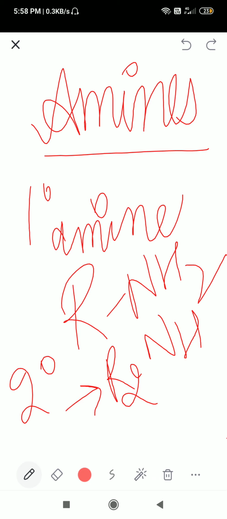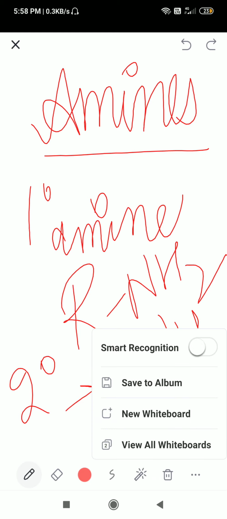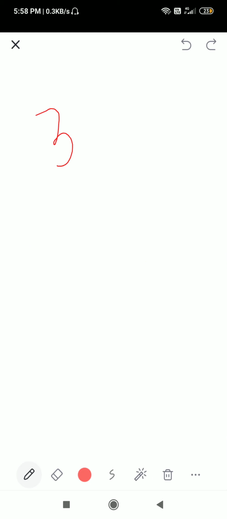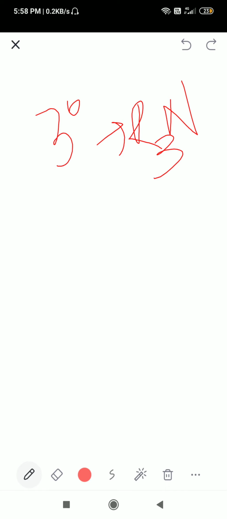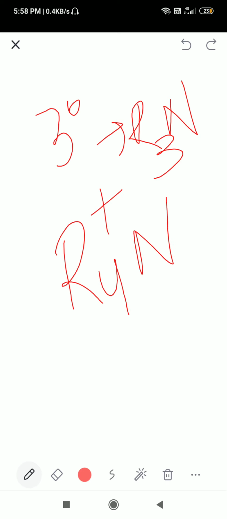For 3 degree, the formula is R3N. And the quaternary ammonium salt is basically R4N+, and there will be some anion also associated with it.